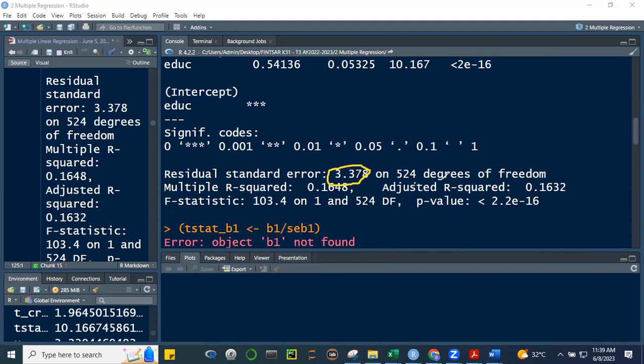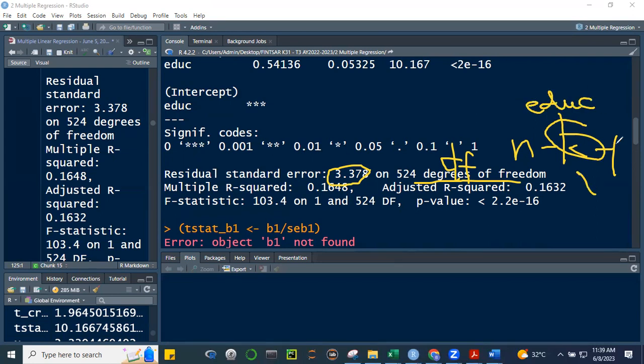Yung 524 degrees of freedom, alam natin yan, di ba? Kasi yung degrees of freedom natin will be the number of data observations minus k minus 1, di ba? Ang k natin, class, is, what's our k? Our k is the number of predictors. Since isang predictor natin sa education, then 1 to.